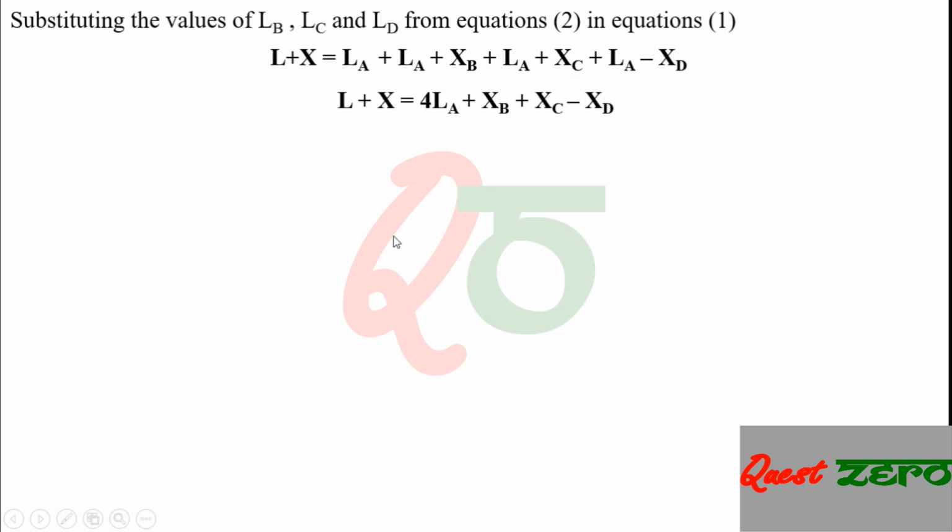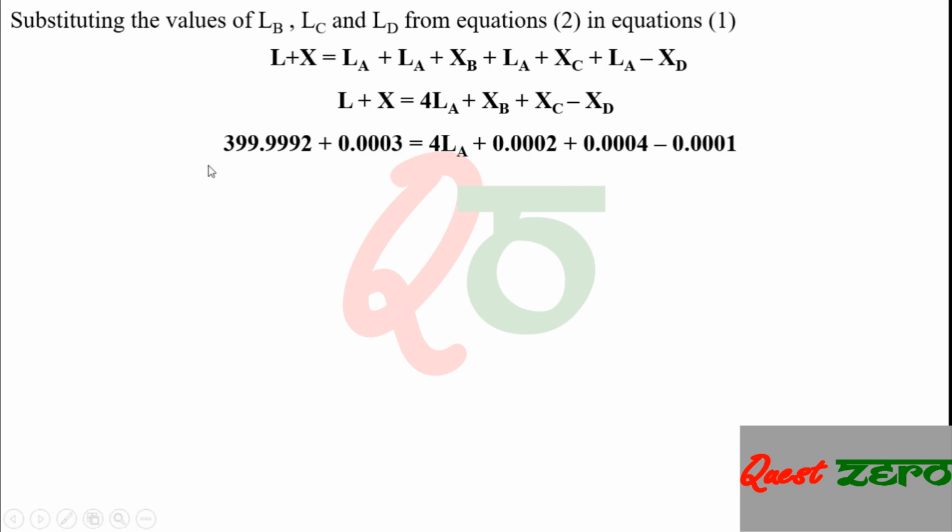So L plus X equals 4LA plus XB plus XC minus XD. If I substitute the values for L, 399.99992 plus 0.0003 equals 4LA plus 0.0002 plus 0.0004 minus 0.0001. So 399.99995 equals 4LA plus 0.0005.